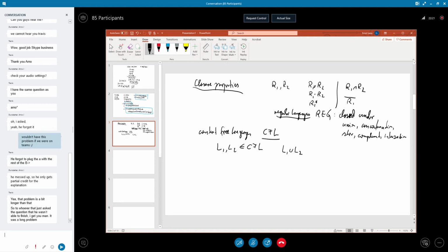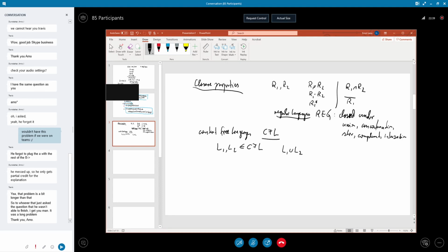We're interested in whether the concatenation of two context-free languages is, again, a context-free language. Whether the star of a context-free language is a context-free language. Whether the intersection of two context-free languages is, again, always a context-free language. And finally, the complementation of a context-free language, is that always a context-free language?